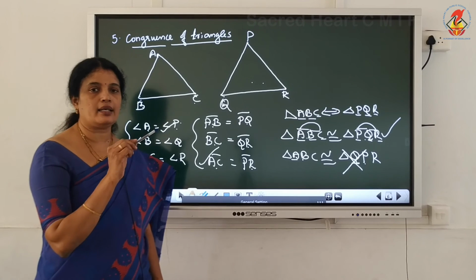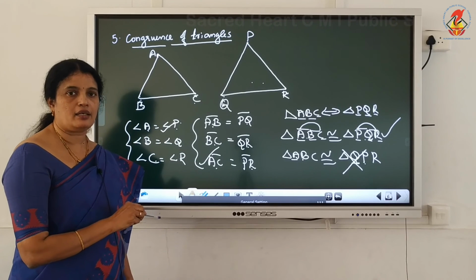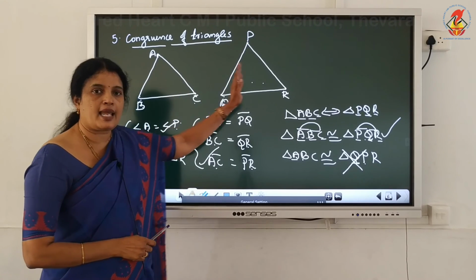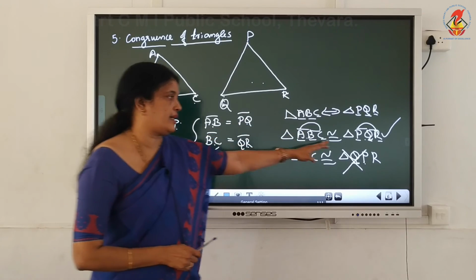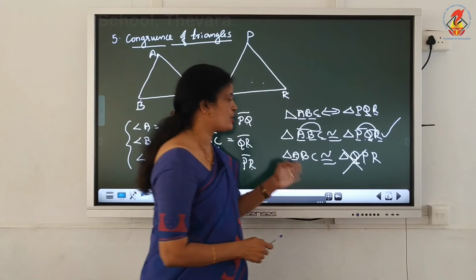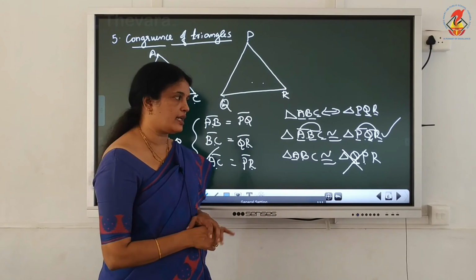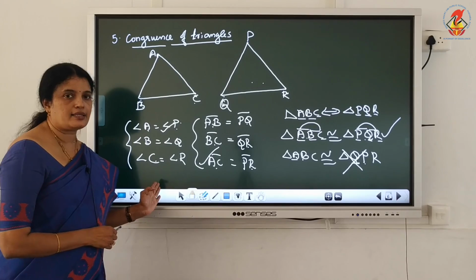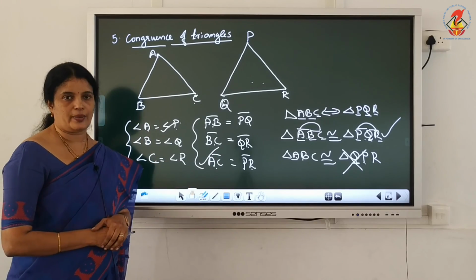But you should write the names of the triangles in a particular order, with corresponding sides in the same order. Triangle ABC, triangle PQR. Clear? For triangle ABC congruent to triangle PQR, the 6 elements are there: 3 angles are equal and 3 sides are also equal.